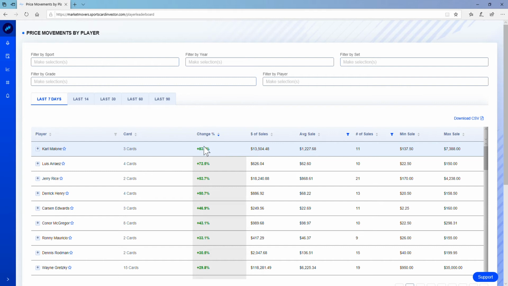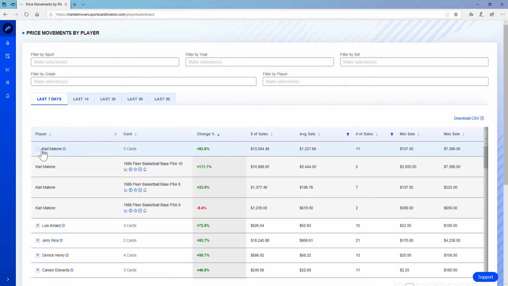So right here, Karl Malone, this is by player, not by card, but Karl Malone has been up 83% over the last 7 days. And you can expand this field here, and it's going to show you which cards they are using to get this information of up 83%, right? So if you expand it, it brings up his 86 Fleer rookie PSA 10 is up 111% over the last 7 days.